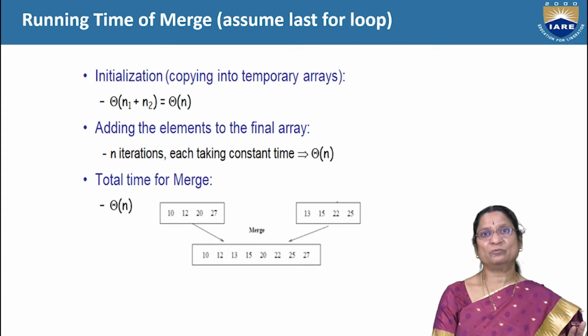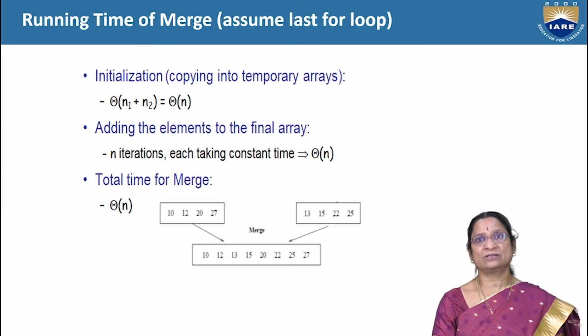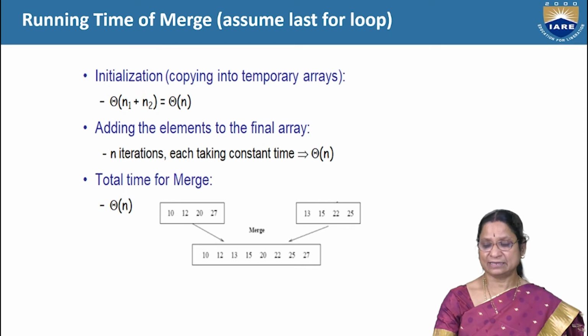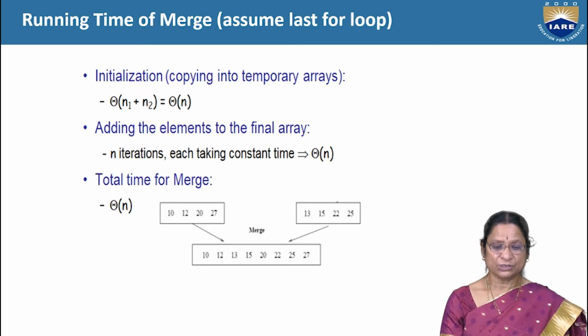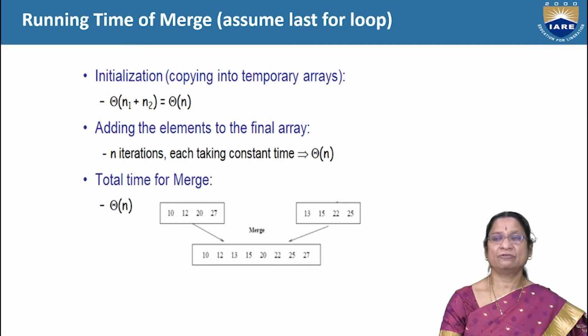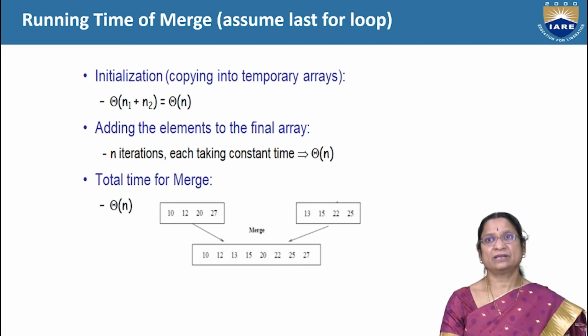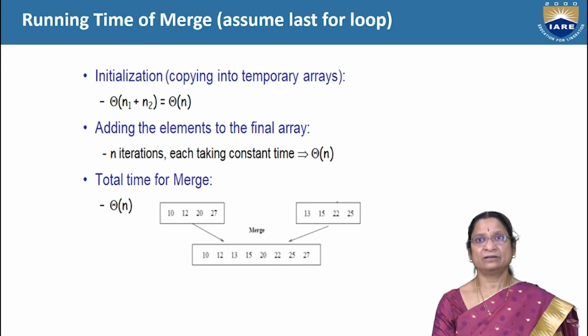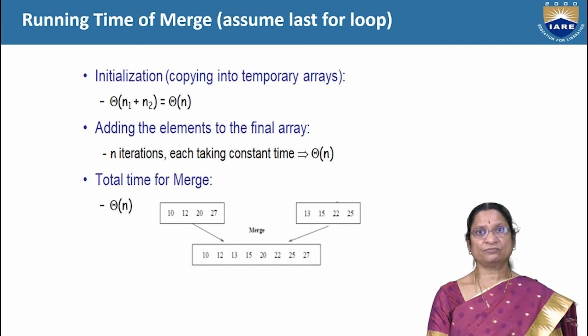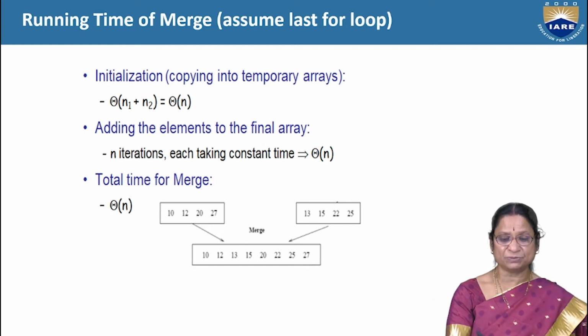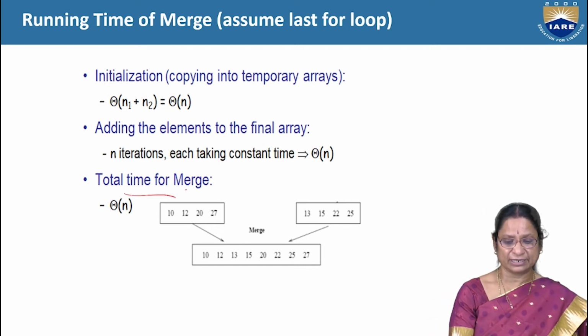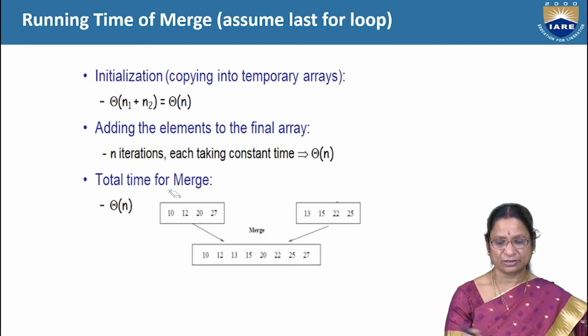We consider only a single loop, not a nesting of loops, so it takes linear time. The total time for the merge will be some 3n or 4n, whatever it may be, but the order is theta of n. That is the total time taken for the merge.